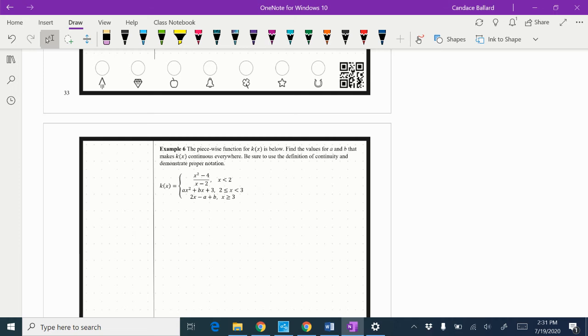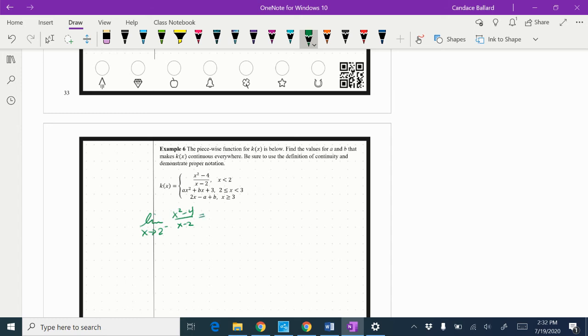All right, so I'm going to start with 2. My limits have to be the same. So the limit as x approaches 2 from the left of x squared minus 4 over x minus 2.